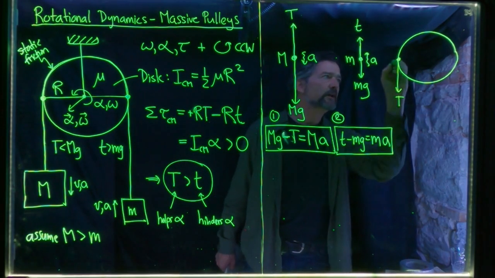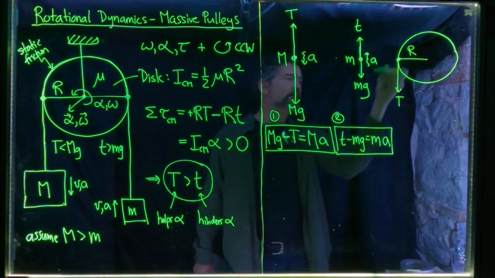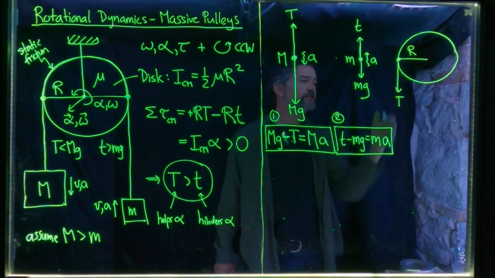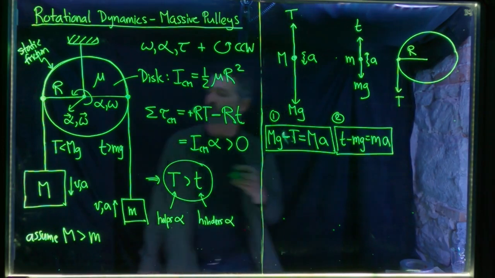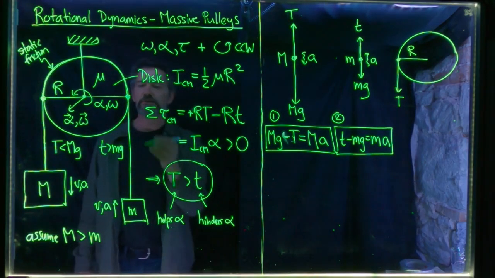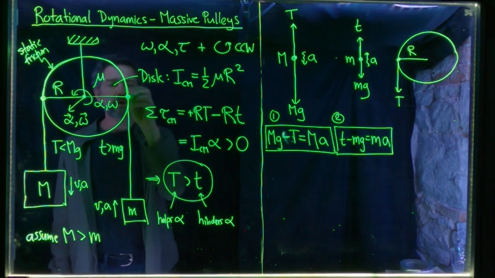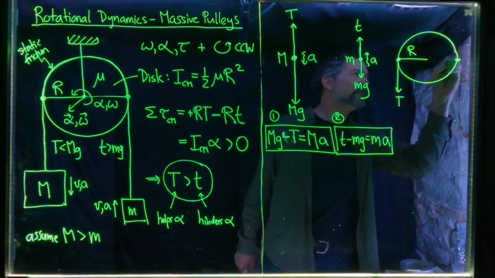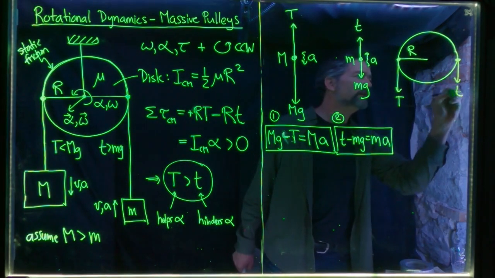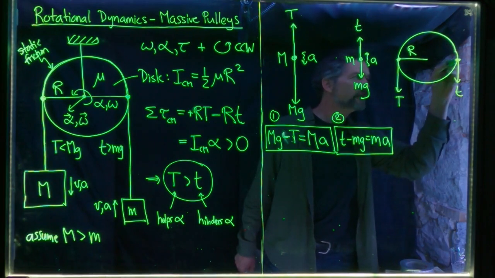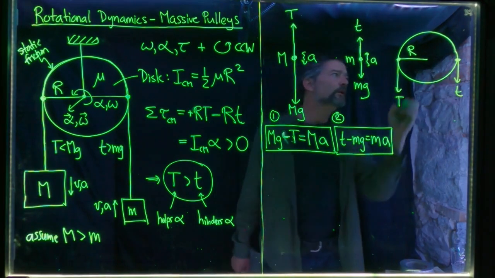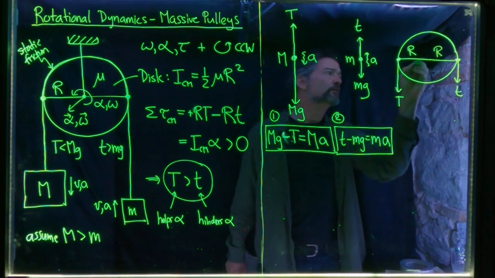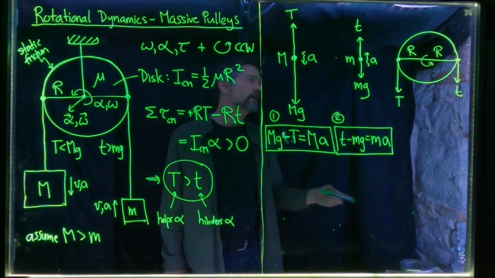So that's capital T, and it's applied a perpendicular distance r, a moment arm distance r away from the axis of rotation. Okay, and then the rope on the right-hand side is effectively exerting a force on the pulley exactly at that point of magnitude little t downwards. So there's a force of magnitude little t downwards applied at exactly that point on the wheel, which is located a perpendicular distance r away from the axis of rotation. Okay, so we have that.